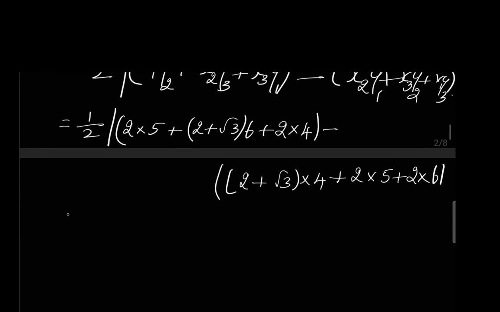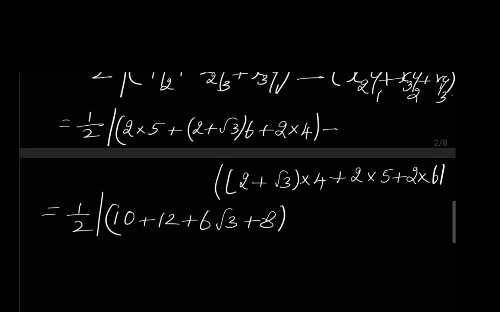So multiply the values. Half of: 2 fives are 10, 6 twos are 12 plus 6 root 3, 4 twos are 8, minus: 4 twos are 8 plus 4 root 3, 5 twos are 10, 6 twos are 12.